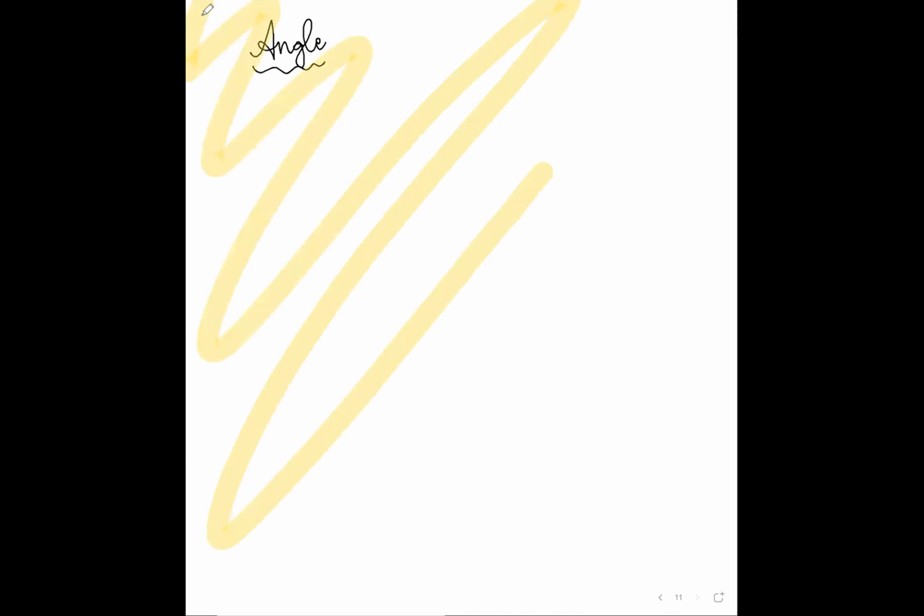Or can you tell me how many angles you can see on this whiteboard? Like the whole whiteboard, how many angles are there?